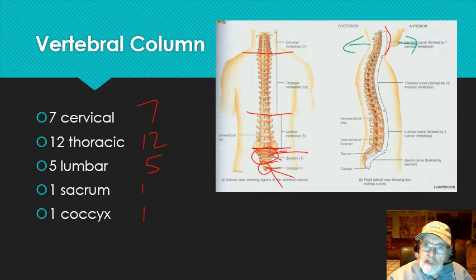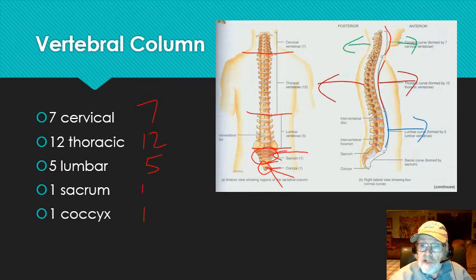If I look at my thoracic vertebrae, it's just the opposite. It's concave anteriorly, convex posteriorly. And then if I look at the lumbar region, it's very close to the cervical. It's convex anteriorly, concave posteriorly. And then the sacrum and the coccyx together mimic the thoracic vertebrae. Basically they are concave anteriorly, convex posteriorly.